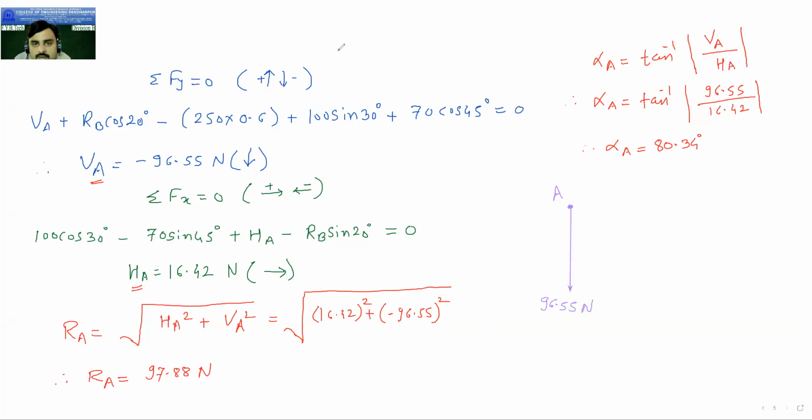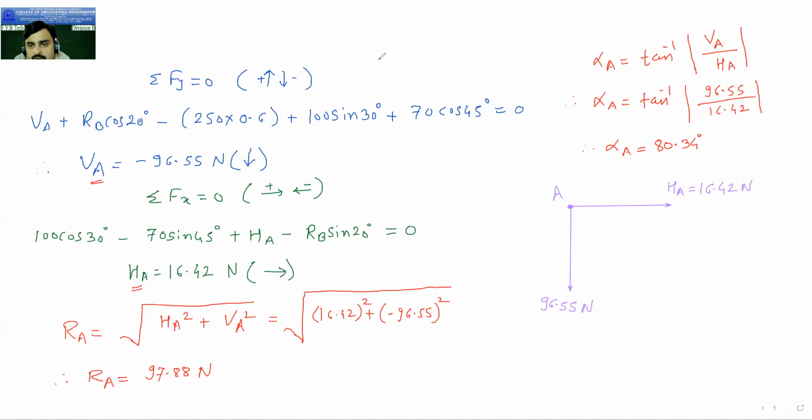Newton. Then from the same point A, HA is also there and it is 16.42 towards right. It is moving towards right. So I will draw 16.42. This is HA, which is equal to 16.42 Newton.